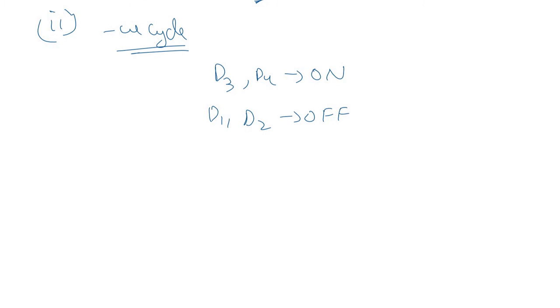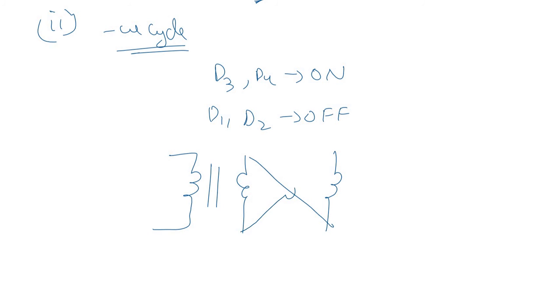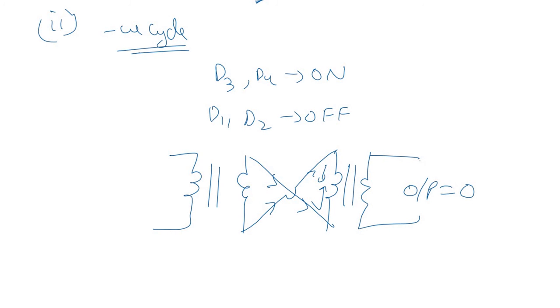If you simplify this circuit for this ring modulator, it will be something like this. Now the branch having D3 and D4 will conduct again equal and opposite current, and hence again the output will be 0. I hope we are clear with this case.